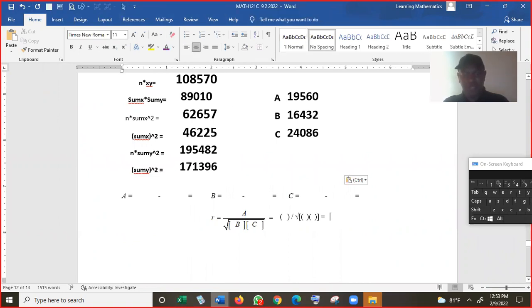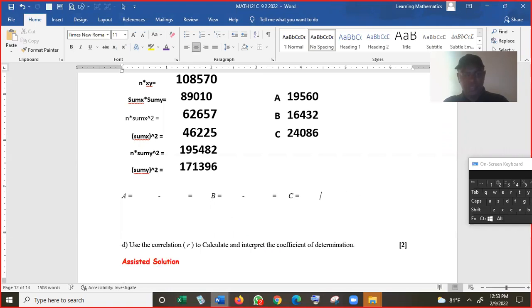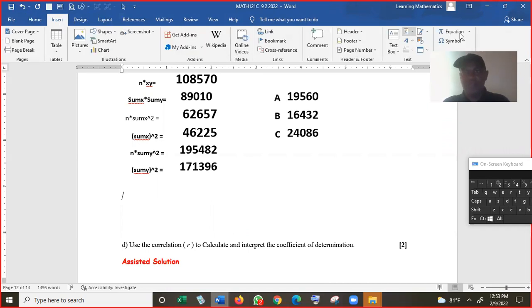Okay, so we can, all right, we have A, B, and C already. Here they are. So we can simply go to insert equations.